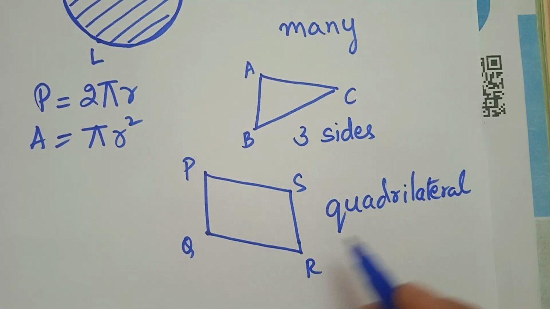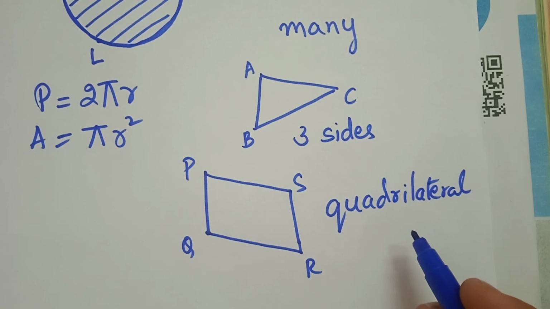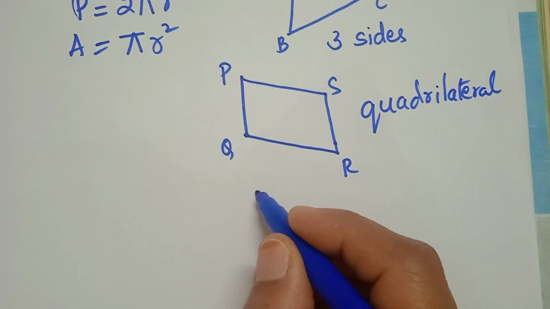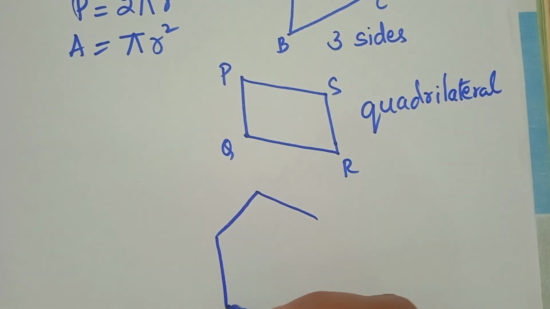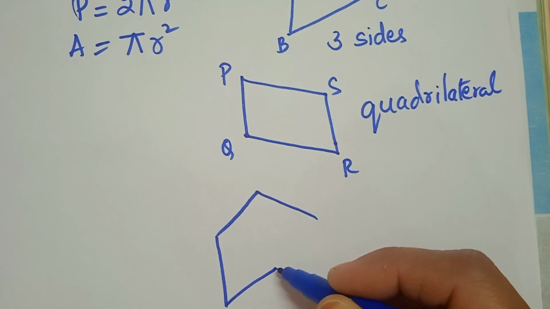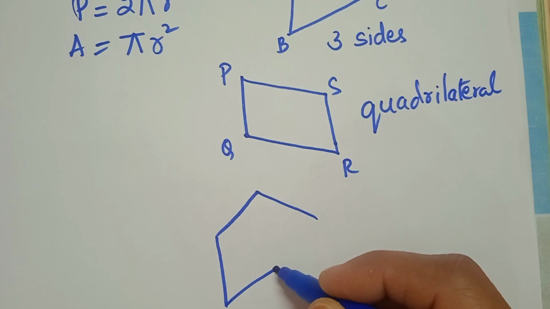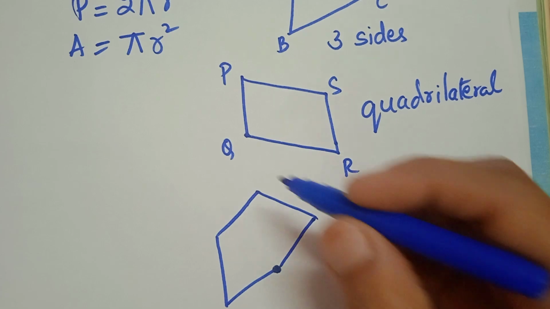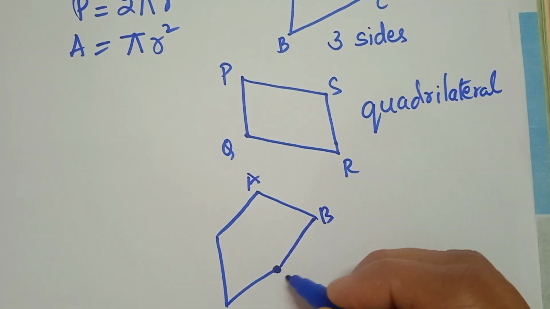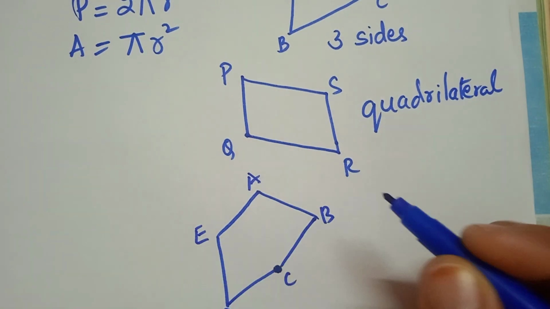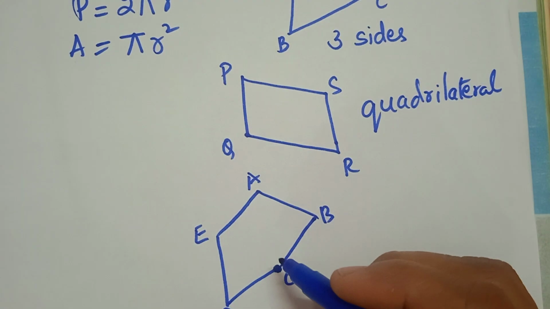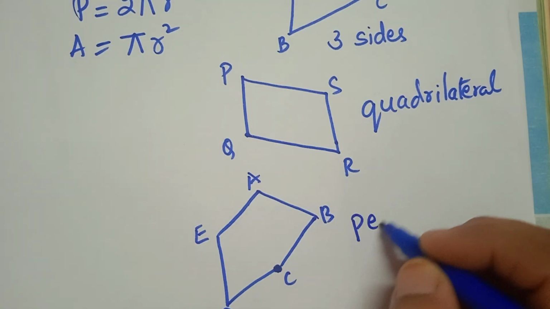If it has 4 sides, it is called a quadrilateral. If it has 5 sides, say one more side like this, A, B, C, D, E, how many sides does it have? 1, 2, 3, 4, 5 sides. Then it is called a pentagon.